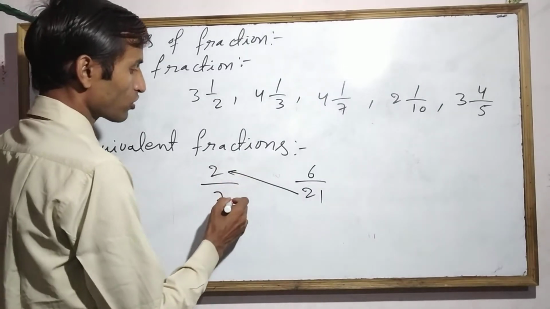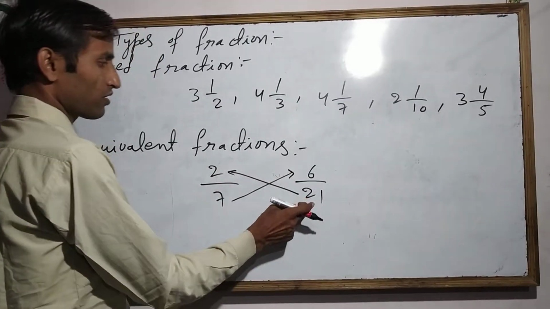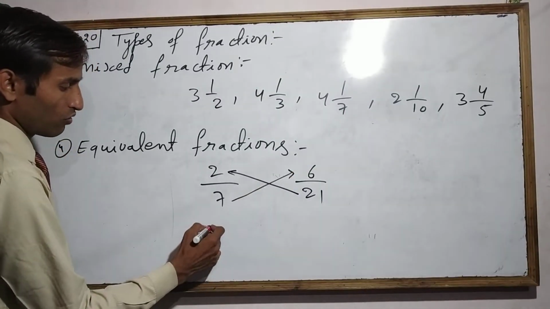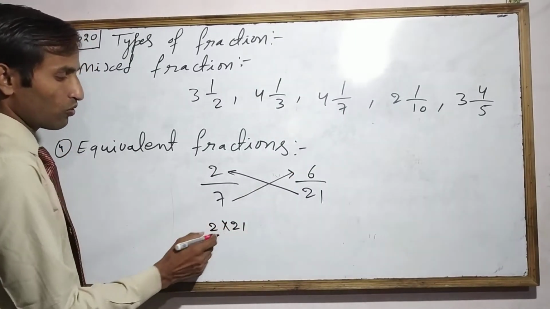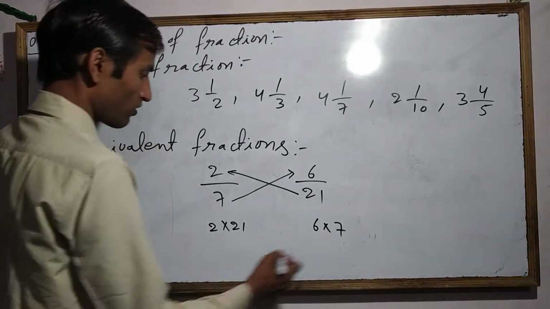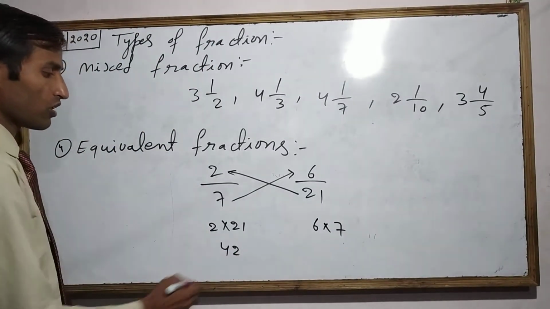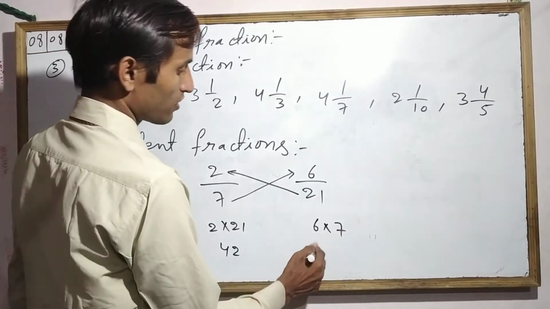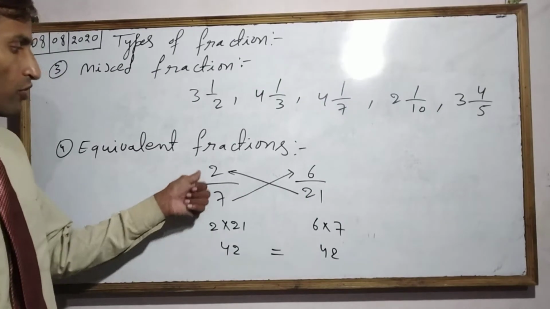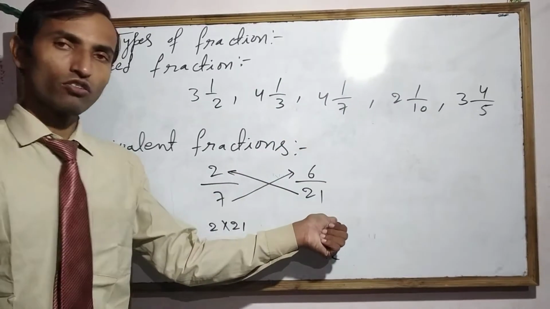Means 21 will multiply by 2, 7 will multiply by 6. So 2 into 21 and here 7 into 6. We get 2 twenty-ones is 42, and here 7 sixes is 42. Just see here both have equal value, means 2 upon 7 is equivalent to 6 upon 21.